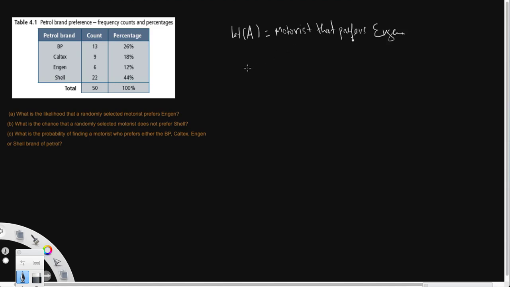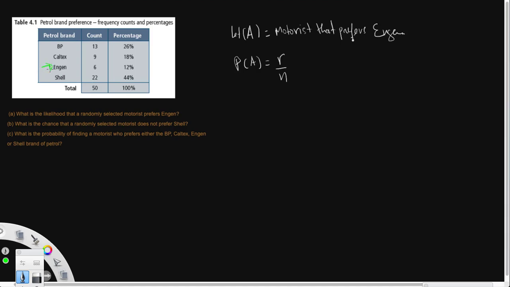Then from our formula, we know that P of A is equal to R divided by N, right? And if you remember, R is the number of outcomes of that event A, and N is the total number. Looking at our table here, which I'm going to mark in green, this is the engine section.